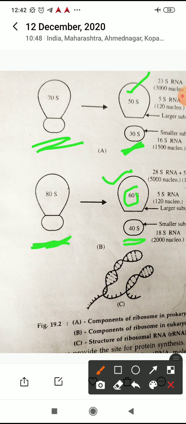These two subunits of the ribosome remain held together with each other under low concentration of magnesium ions.